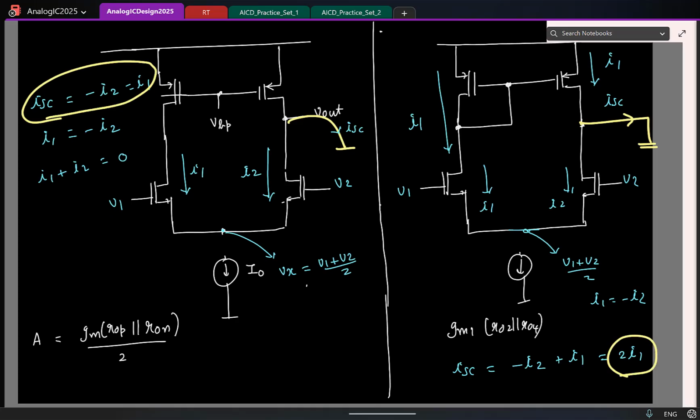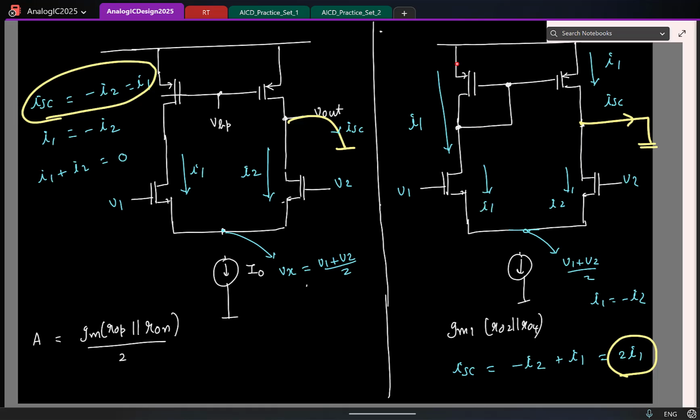I mean, logically it should make sense because see, here I have 2 halves, correct? I am taking the output only from one half. Which means I am sort of wasting the current flowing in the other half, because this current is just flowing here and not contributing anything to your output. Whereas in this circuit, I have currents flowing through both the transistors on both halves. I am not wasting the current flowing here.